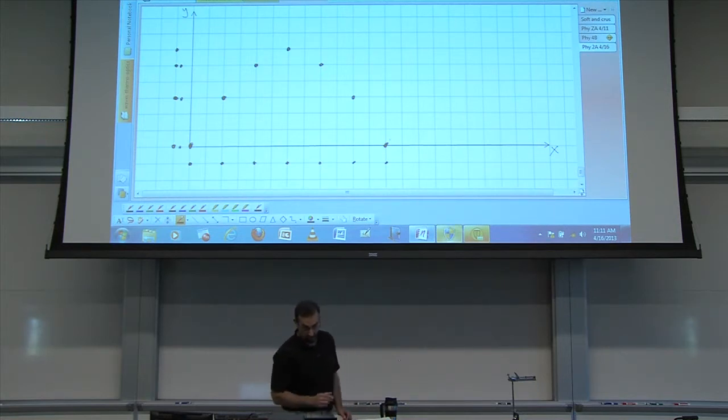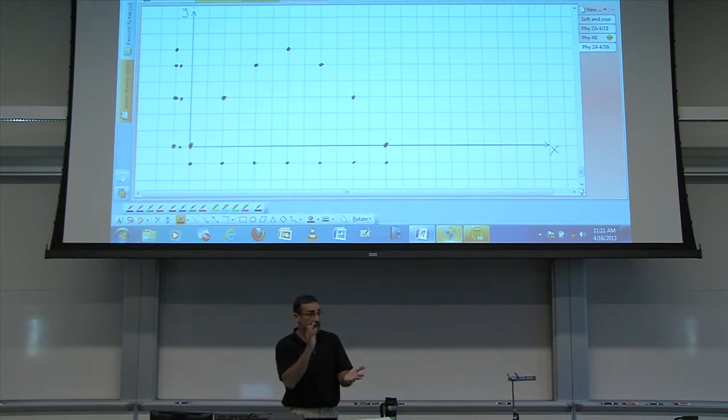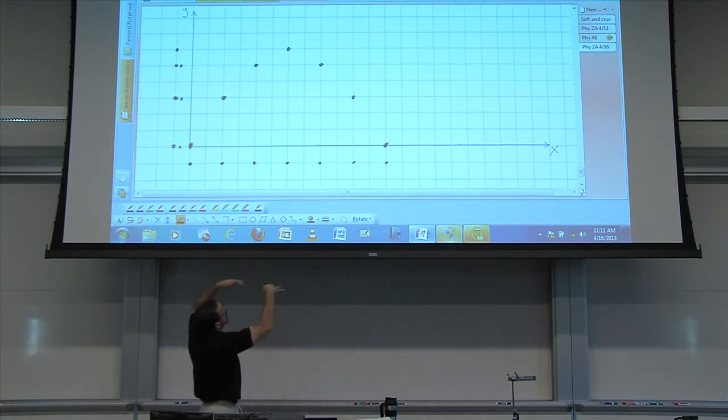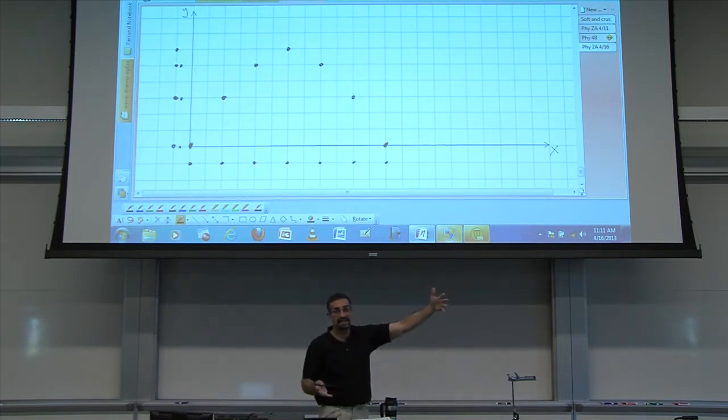But what I'm trying to show you is that we can sort of dissociate the two dimensions, x and y, and look at them independently. So if you were to project these dots down onto the x-axis, it's as if it's moving with constant speed in the x-axis, because it is moving with constant speed in the x-axis.